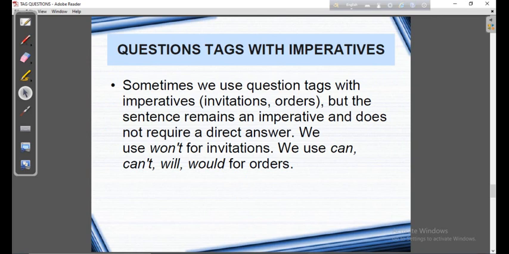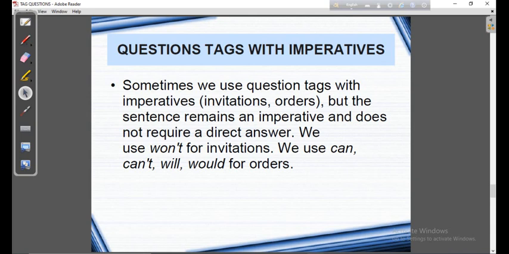Dear students, now we'll talk about tag questions with imperative sentences. Imperative sentences are orders, advice, commands, requests, invitations, etc. Sometimes we use question tags with imperative sentences, but the sentence remains an imperative and doesn't require a direct answer.